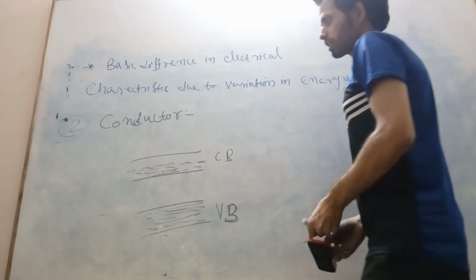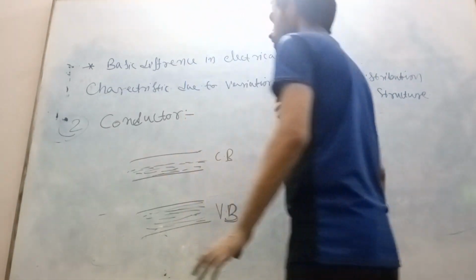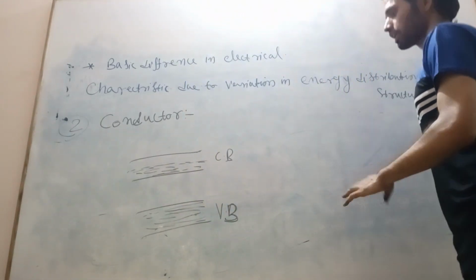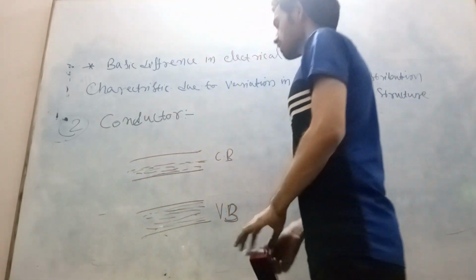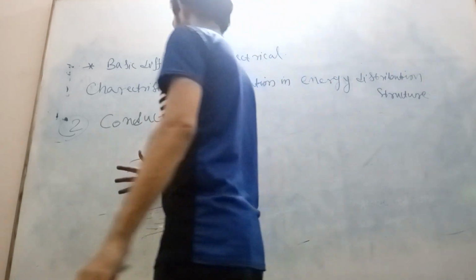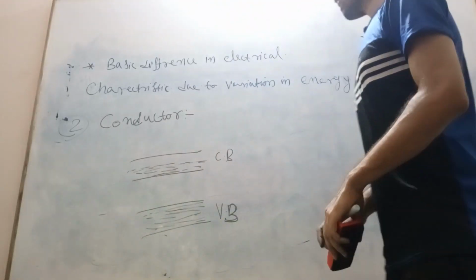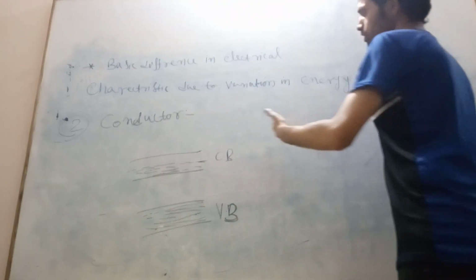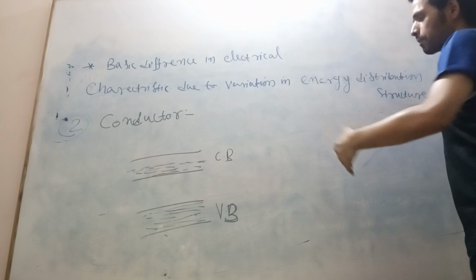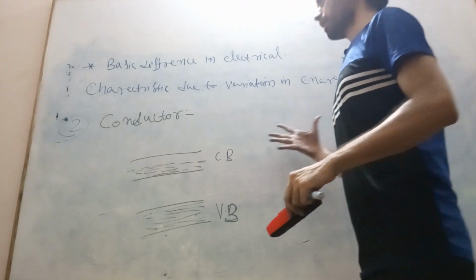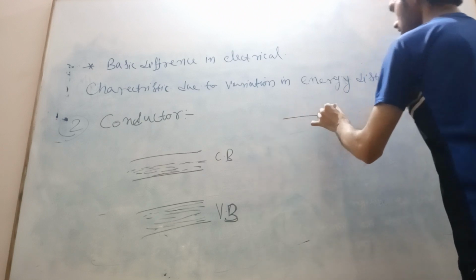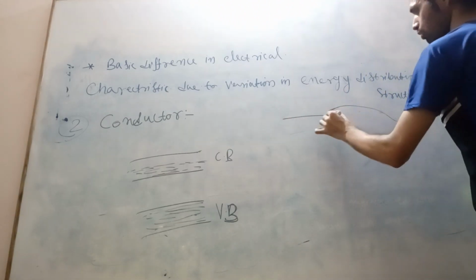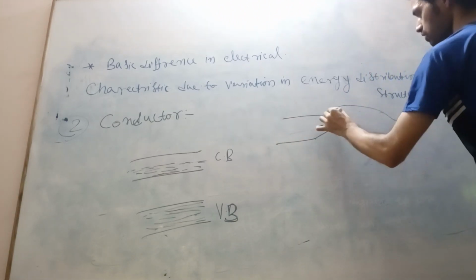There does not exist any energy band gap between the conduction band and the valence band, because there is already a lot of electrons in the partially filled conduction band. There is an overlap between the two allowed energy bands when allowed energy band formation takes place.